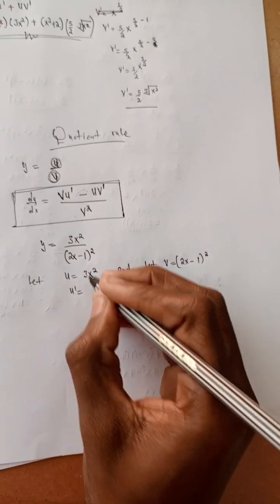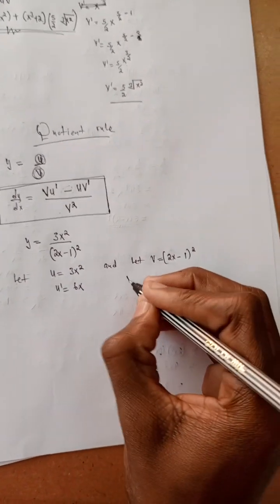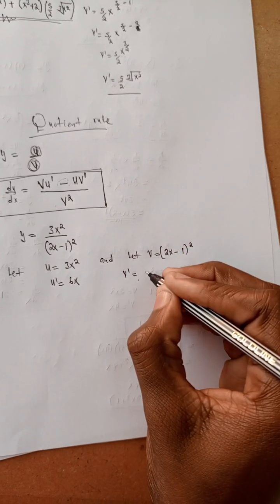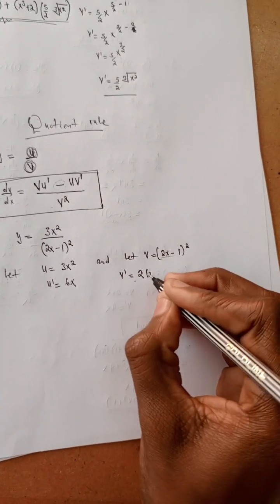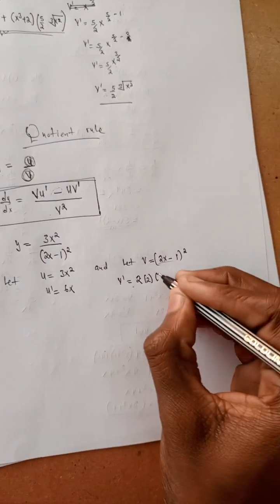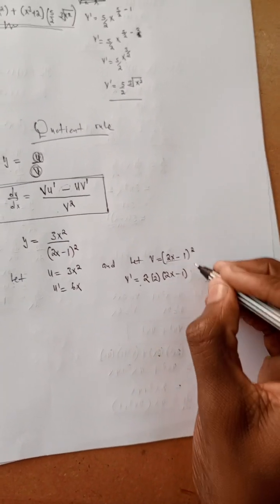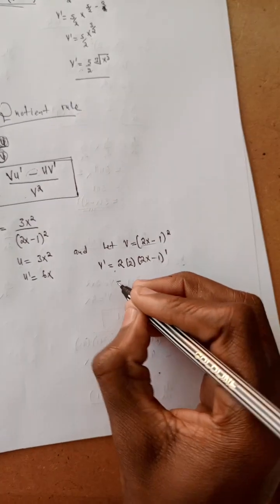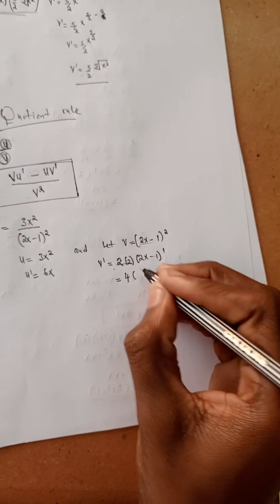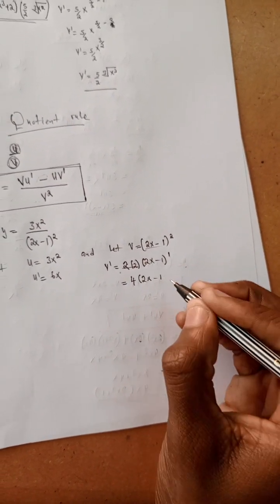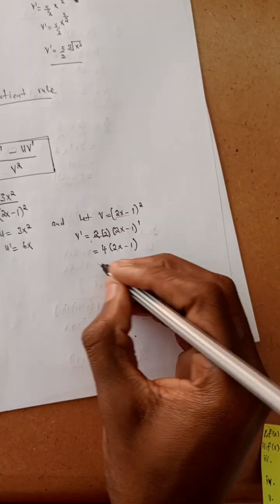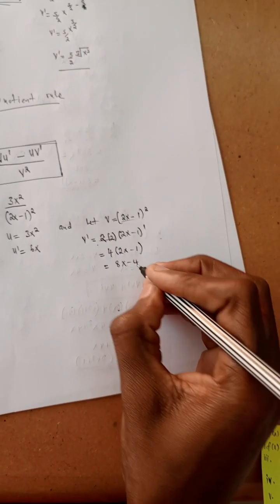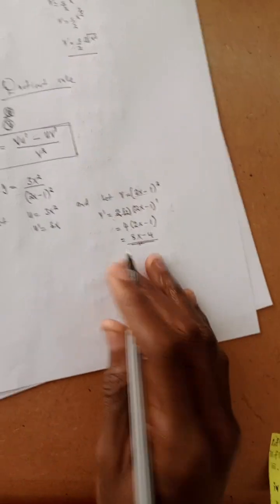So differentiating that, we have 6x, and differentiating that using the chain rule, the power drops, you differentiate what's inside, you write that function, and then the power drops by 1, and then we have 4. So I think we should write it like this. So this is our v prime.